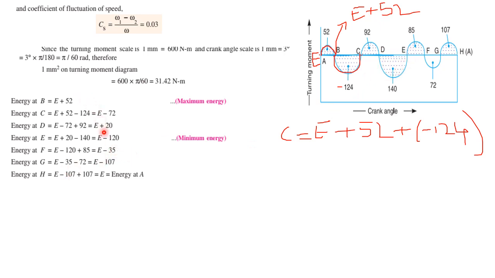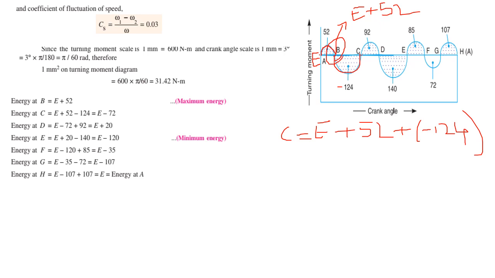So let us consider the plus values: E plus 52, E plus 20, and E. Out of these, which is the largest value? You can clearly observe that E plus 52 is the maximum energy. So we are going to consider point B as the maximum energy point here.